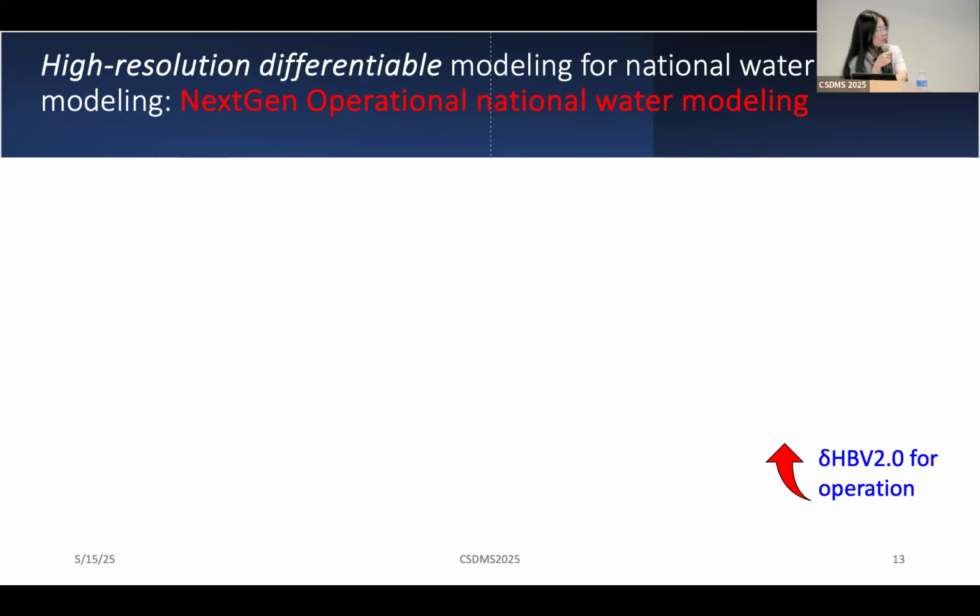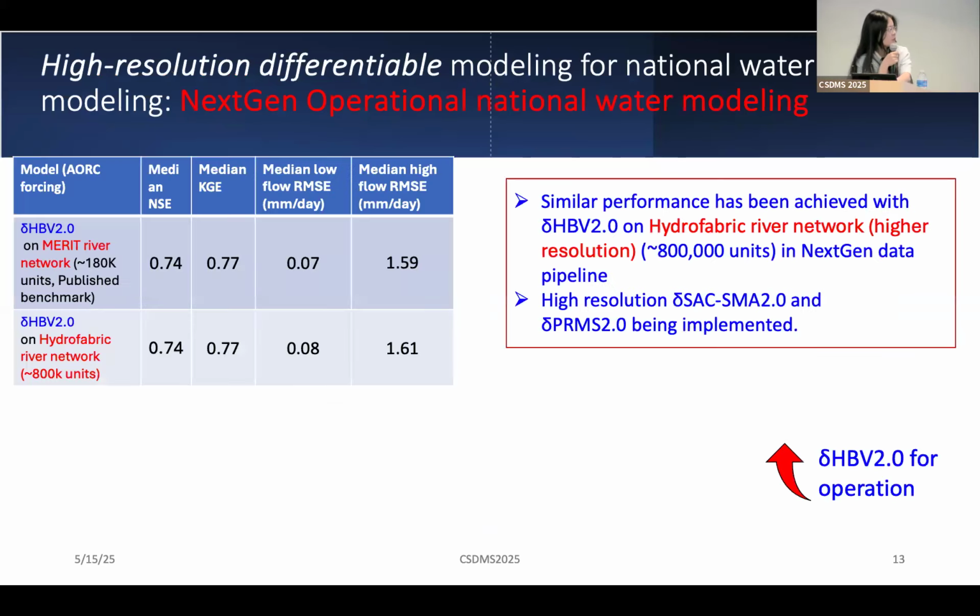Then we further improved it for operational purposes. For example, for the next generation of operational national water modeling proposed by NOAA, they proposed a high-resolution river network called hydrofabric that is much denser than the river network we used in our paper. But here we can see that in these two types of river networks, the differentiable model 2.0 has similar performance.